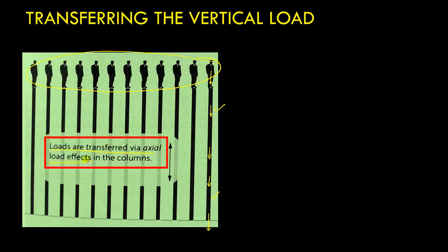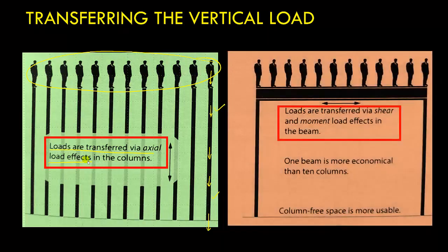Now can we have another possibility by which I can transfer the load of these persons to the ground? Yes, we can have another possibility. In that case, what we can do is we can provide a beam, and on this beam these 10 persons can stay. Now if you see, in this case, if you take any cross section, at this cross section there are two kinds of forces that are acting. One is shear and another is moment.